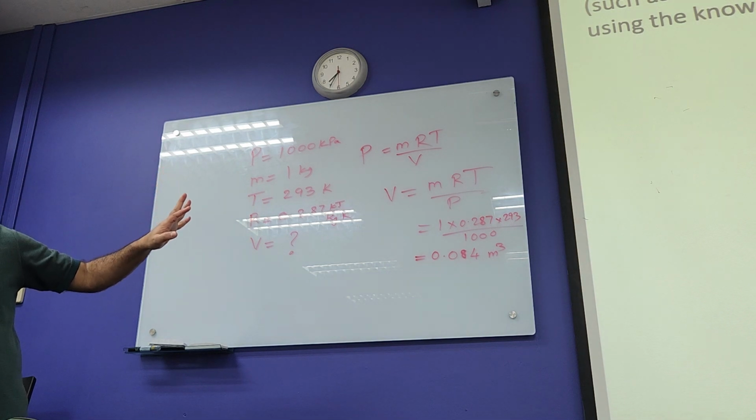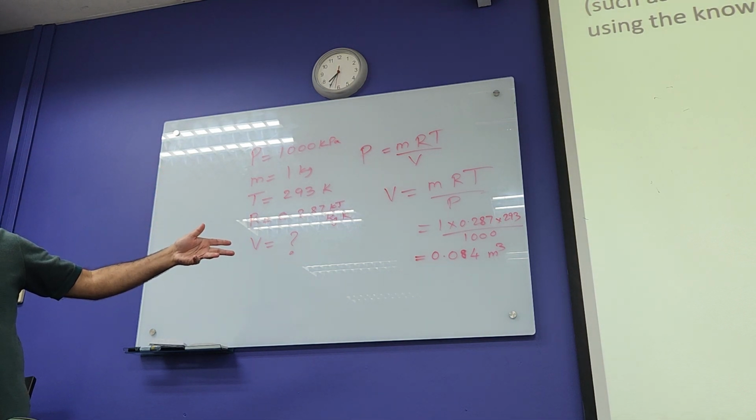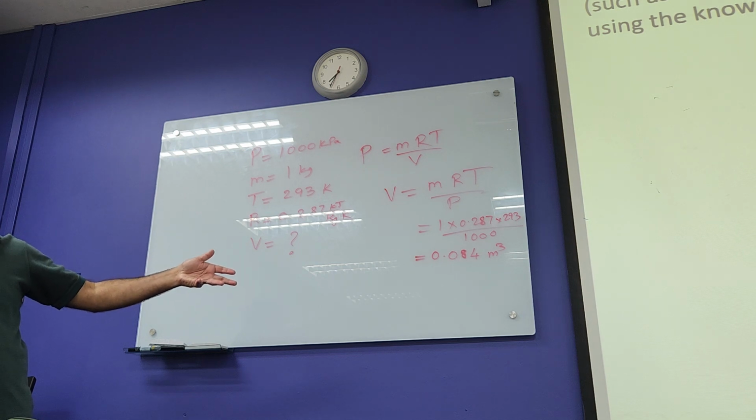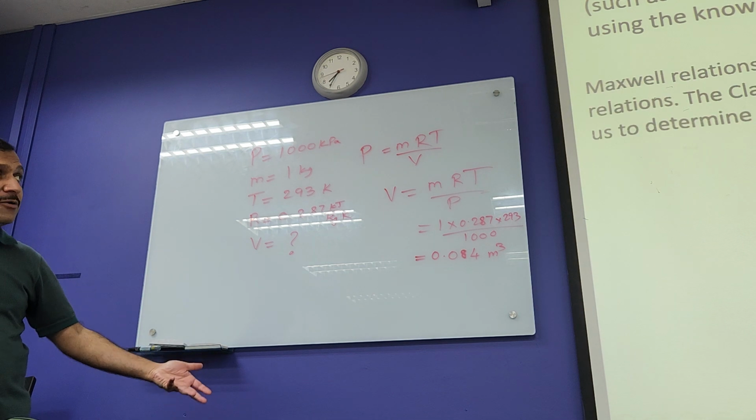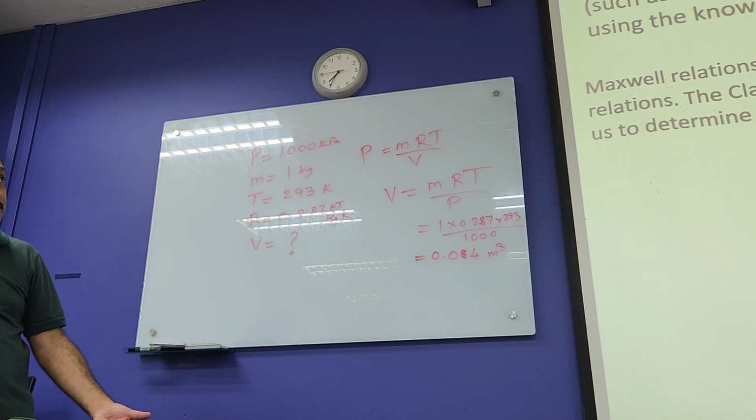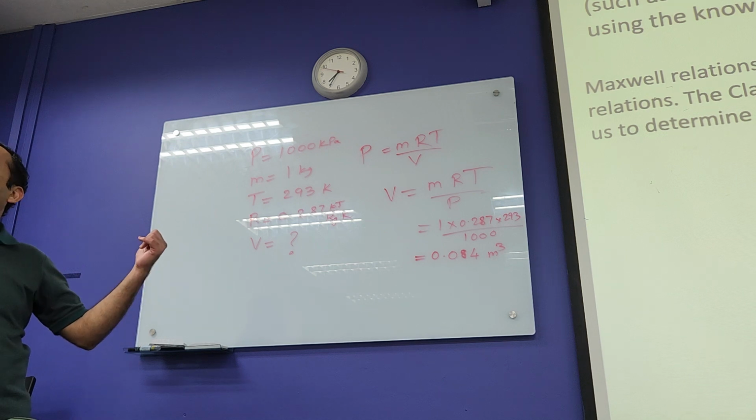Now this example is: can the enthalpy change associated with phase change, such as enthalpy of vaporization, HFG, be determined using the knowledge of PVT? Yes, it can be. How? Using the Clapeyron equation, and that Clapeyron equation comes from Maxwell's equation.